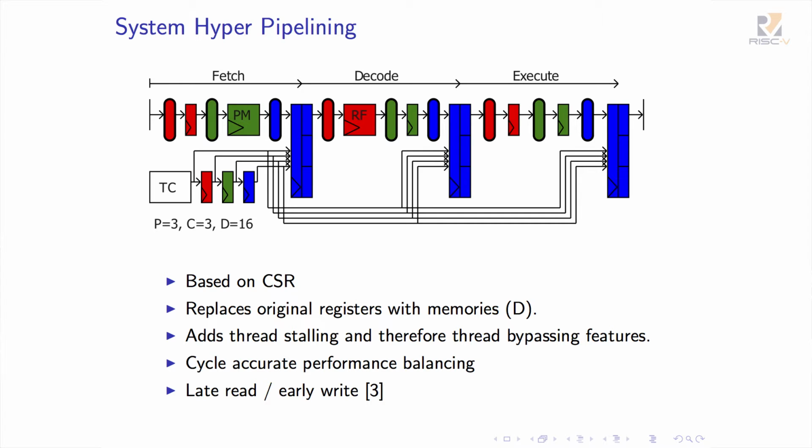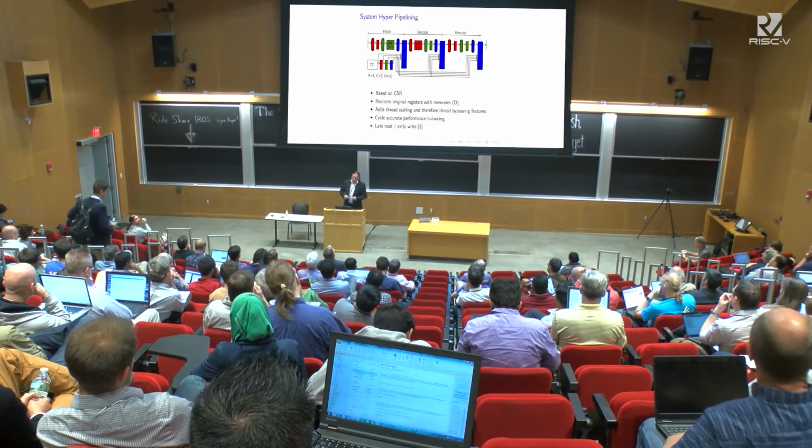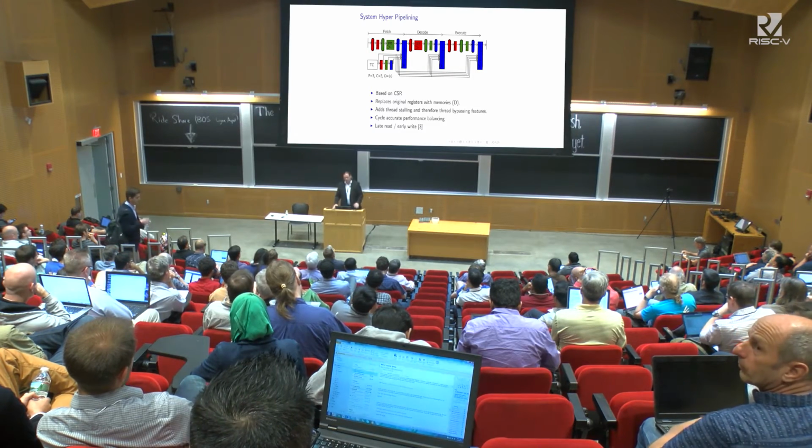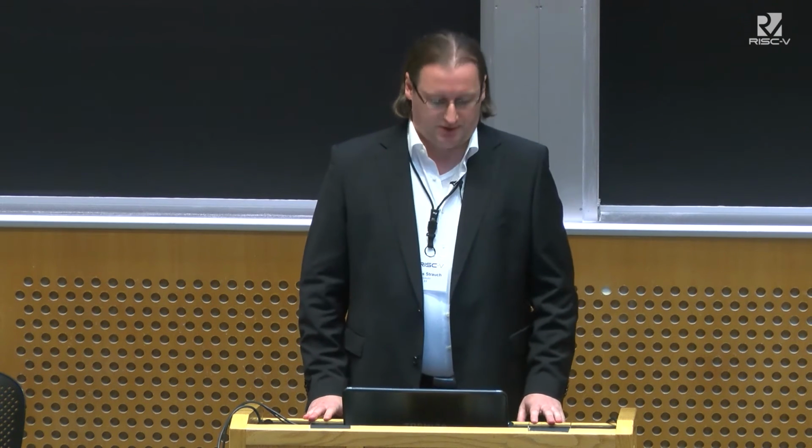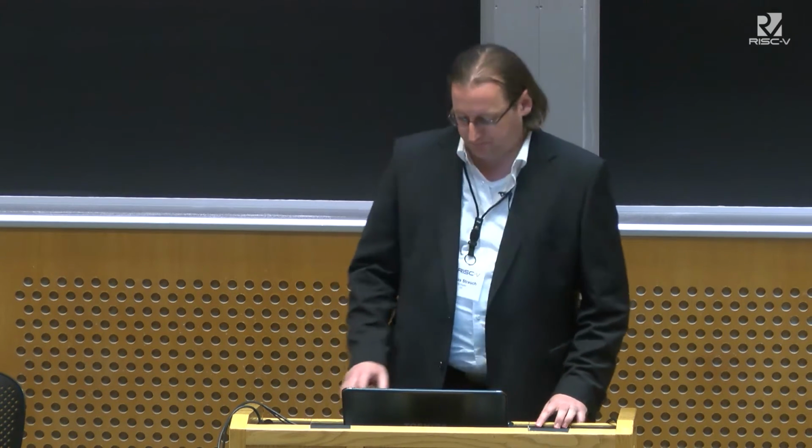So system hyperpipelining is based on Slow Retiming. It replaces the original register with memories with a memory depth of D, and it adds thread stalling and therefore thread bypassing features. And it adds a cycle accurate performance balancing. And mentioned that shift registers can now be merged into the memories with a late read or an early write mechanism.